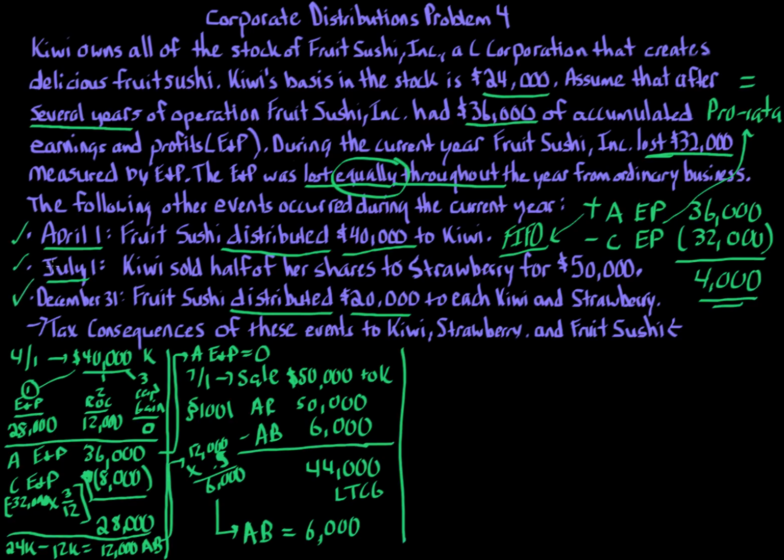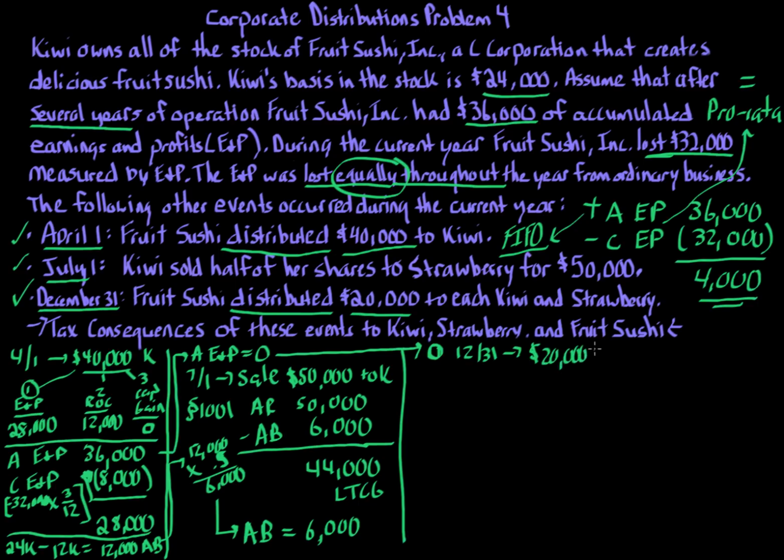So now we go to December 31st, where we have some interesting things to consider. Now remember, the accumulated EMP is still 0. Current EMP was always negative. So that means that on 12/31, we have a distribution of $20,000 to Kiwi and Strawberry.